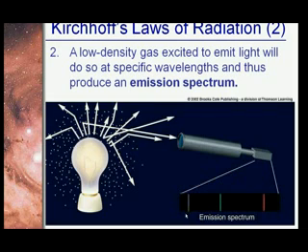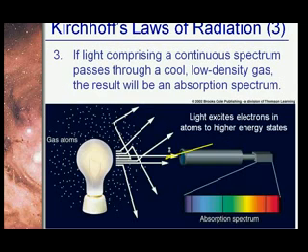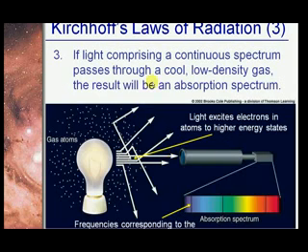The third law of Kirchhoff: if light comprising a continuous spectrum passes through a cool, low-density gas, the result will be an absorption spectrum. This means that if the gas is cool, it can take energy and absorb it.